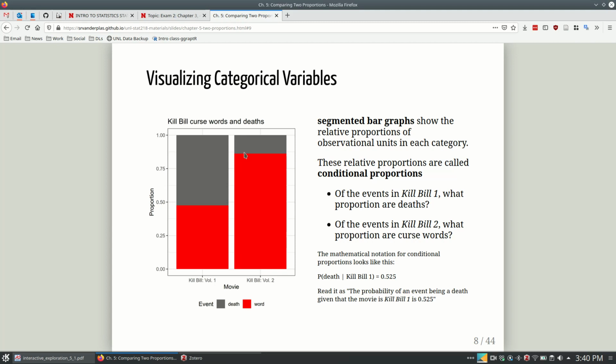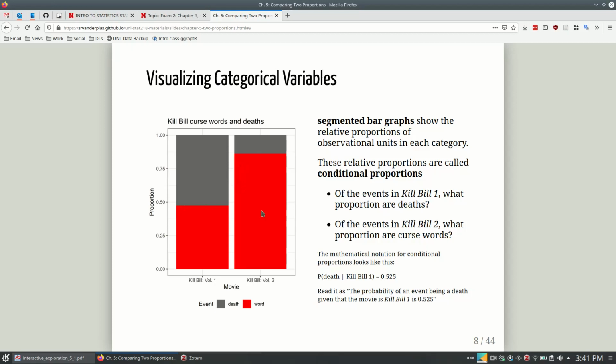And again, as long as you get one of the two proportions from a row, you can make a graph like this just by hand pretty easily. It's pretty natural to read this as Kill Bill Volume 1 has about the same number of deaths and curse words, right? And Kill Bill Volume 2 has a lot more curse words than deaths.